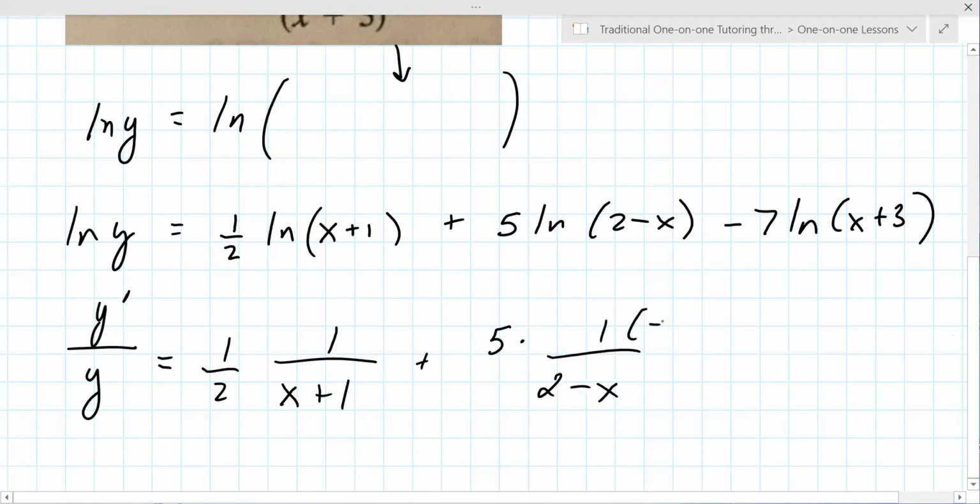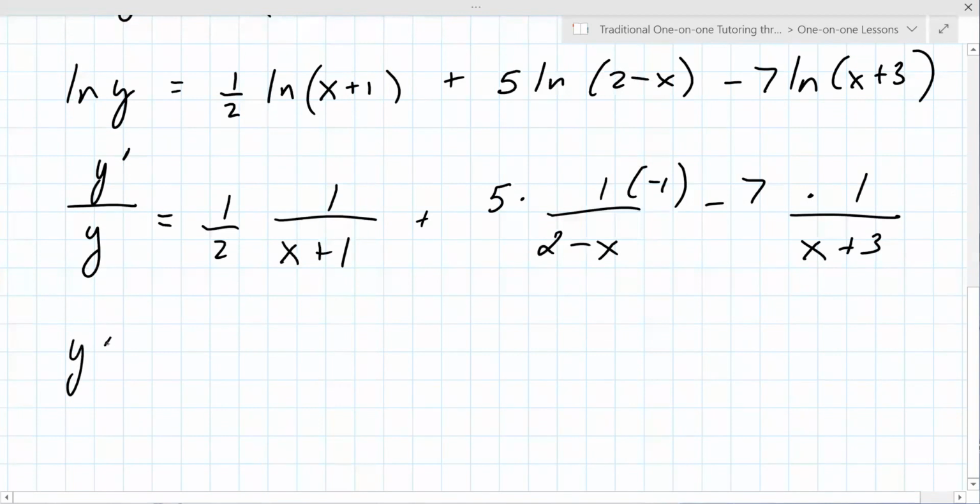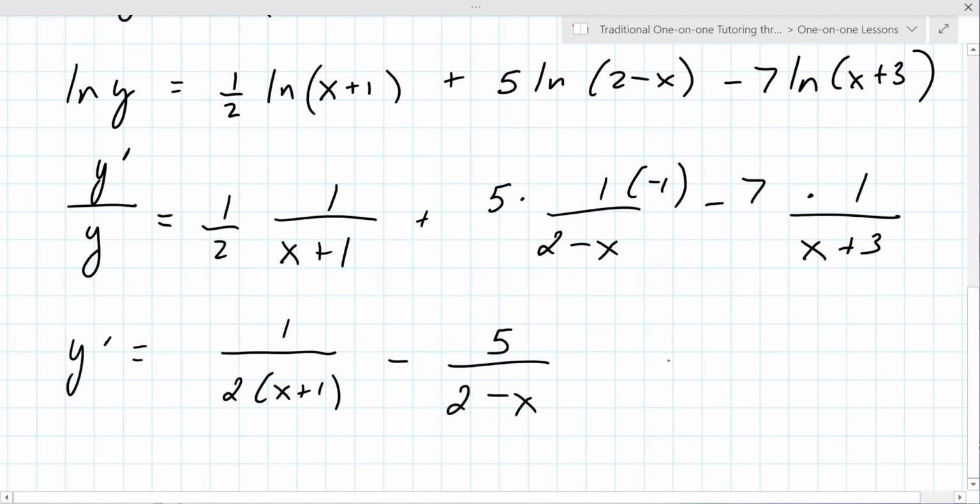Derivative of 2 minus x is negative 1. 7 times 1 over x plus 3. So ln's are all just 1 overs. And maybe a small amount of cleanup here. It's 1 over 2 times x plus 1 minus 5 over 2 minus x minus 7 over x plus 3.